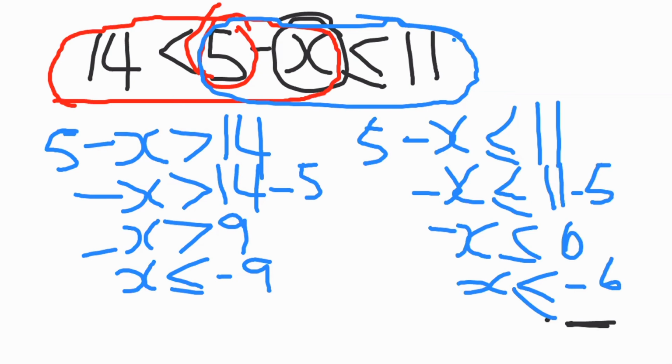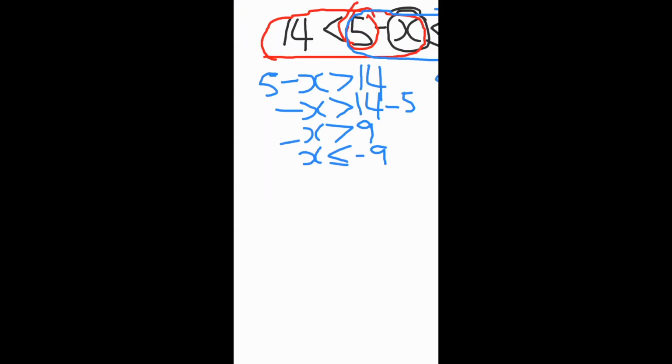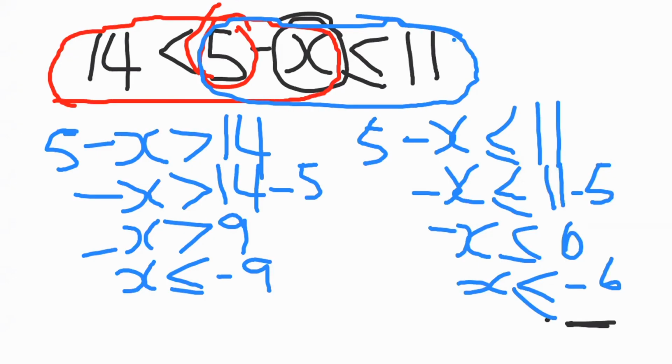To the left, you're going to use the greater than sign, then 5. And to the right, you're going to use the less than or equal sign, then 11. So let me demonstrate that.